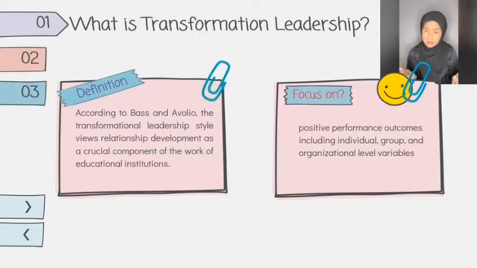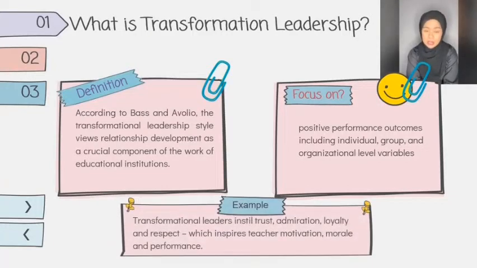For example, a transformation leader can instill trust, admiration, loyalty, and respect, which inspires teachers' motivation, morale, and performance.